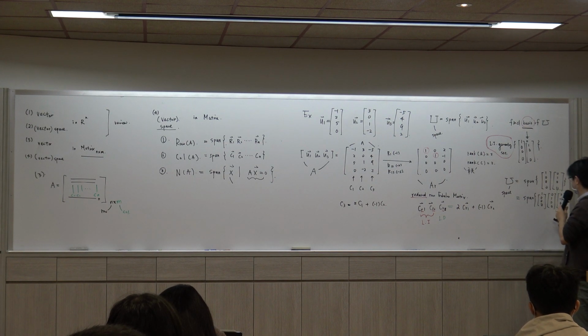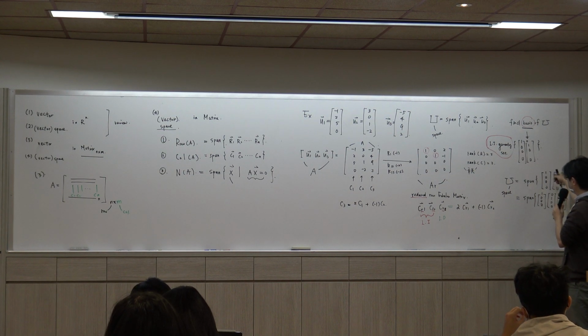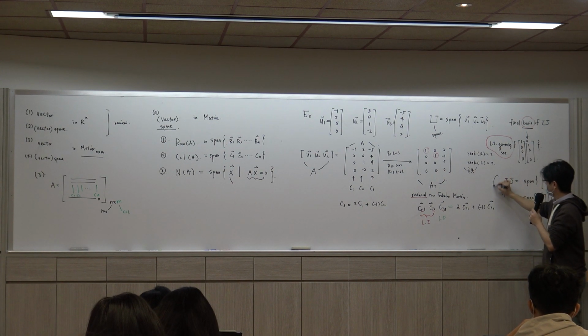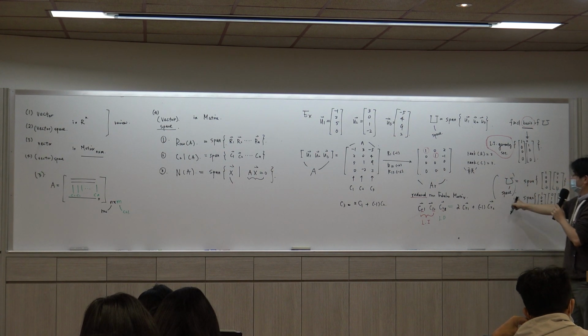So this one is linearly dependent on the two vectors. So in the two cases we have the same space.